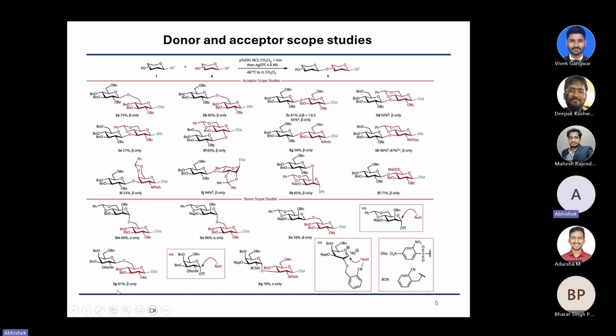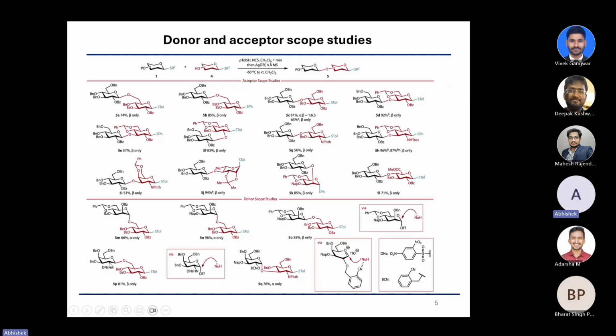Then finally he places in situ position-two groups like this DNNH and BCN. This is the DN group and this is a BCN group. With the DN group, he got selectively beta with 81% yield, because of this strong electron withdrawing group.